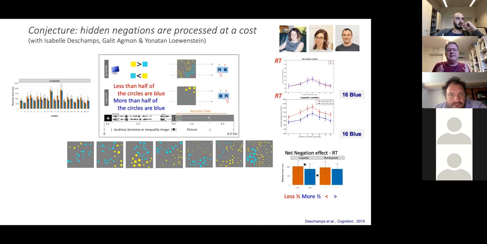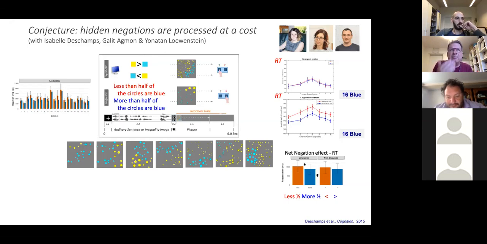One thing that I said before is that in the case of these quasi-algebraic expressions, you can stop here. And remember, we said that in comparatives, it's sufficient for you to read only the first half of the sentence, namely, there are more blue circles. Okay, you can stop there.